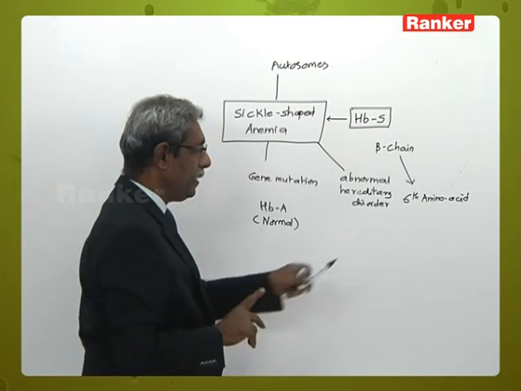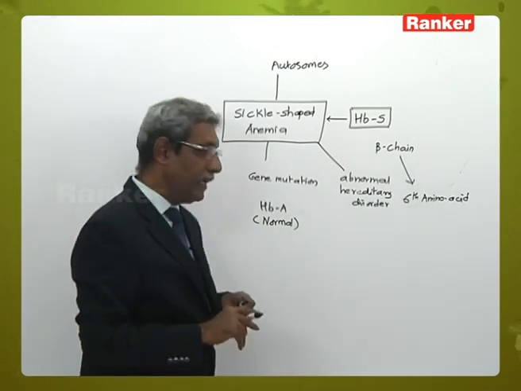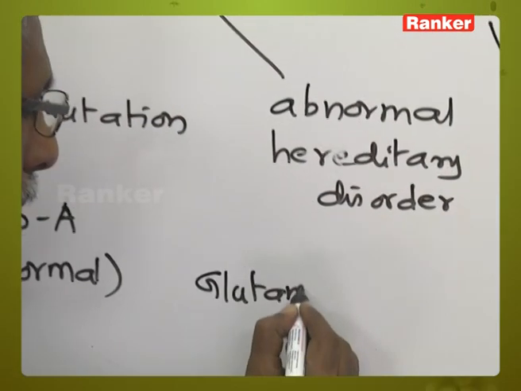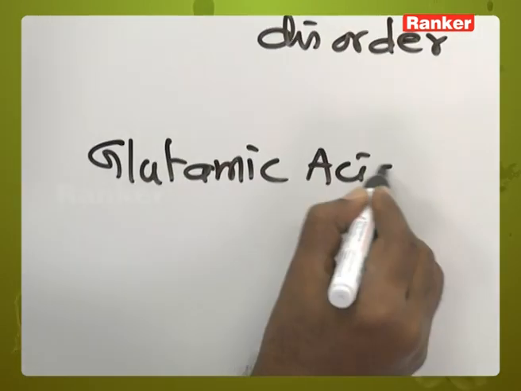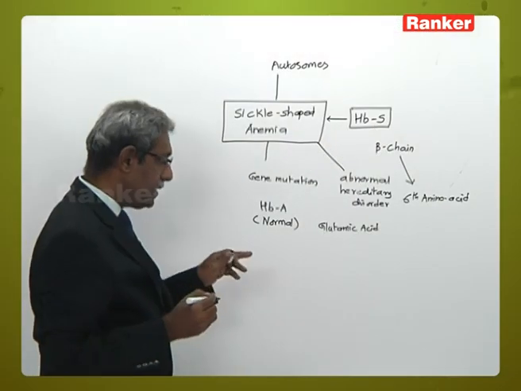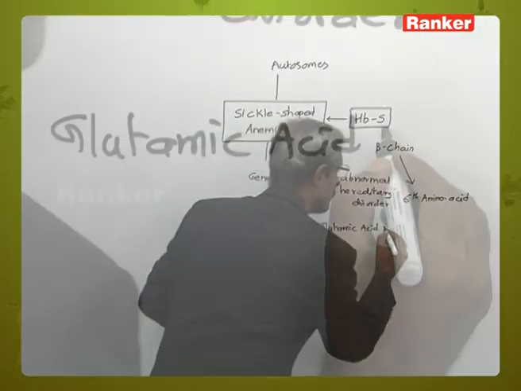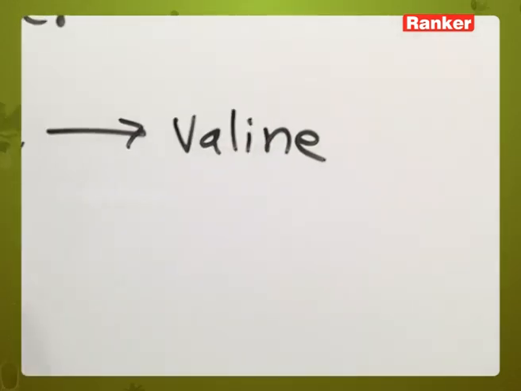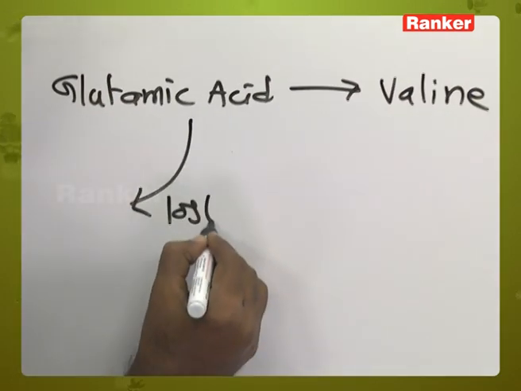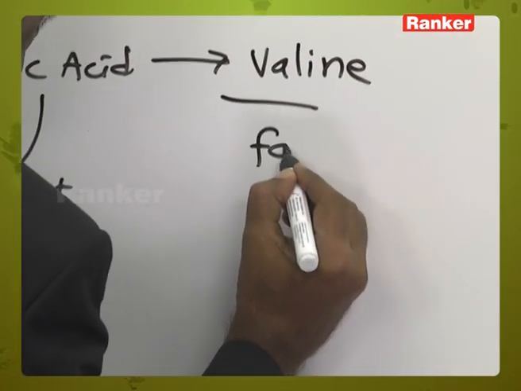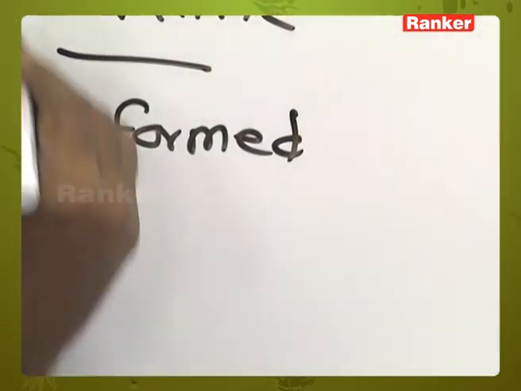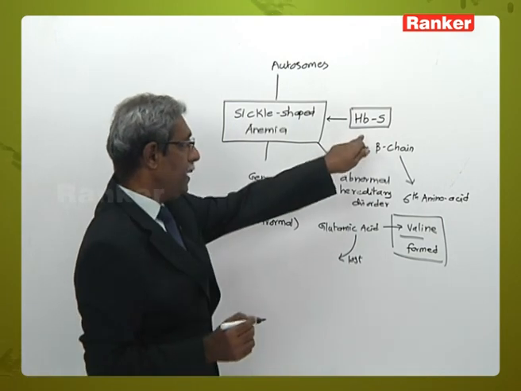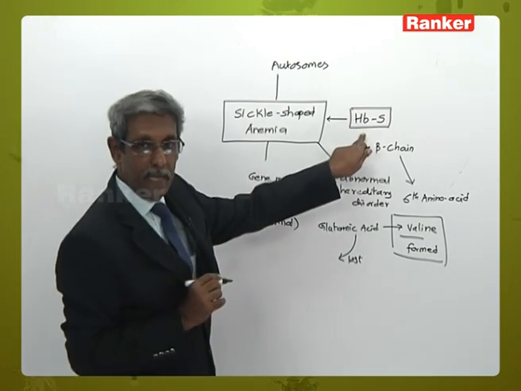In the beta chain on the 6th amino acid, there is a change: glutamic acid is replaced by valine. That is, glutamic acid is lost and valine is formed. So, the presence of valine is a very important event in the formation of HbS.